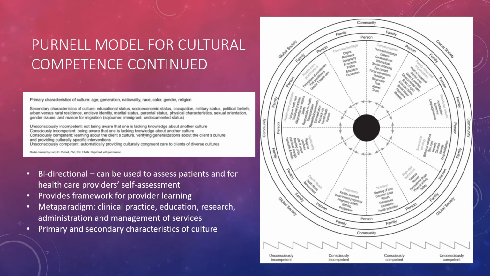There is also an acknowledgement of the bidirectionality of these understandings, as you assess someone's cultural relation to the unknown, which is represented by the dark circle in the middle.